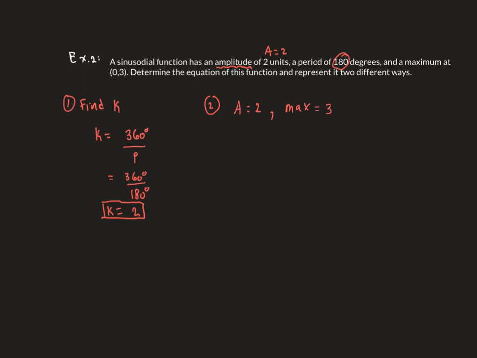I also know my max is at 3, because it's telling me I have a maximum at 0.3.